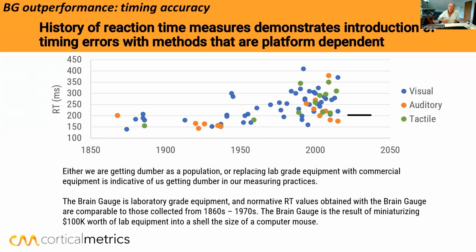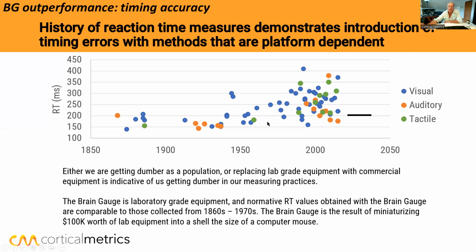You deliver that stimulus, and then you respond to it as quickly as you can. That's your reaction time. From the 1850s, there were some really clever experiments done, and done very well and very accurately, I might add.